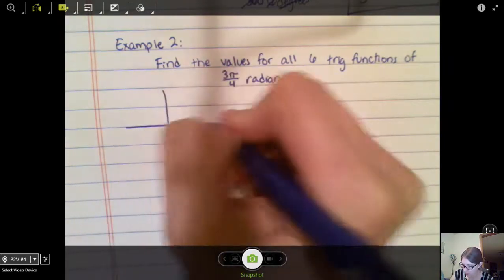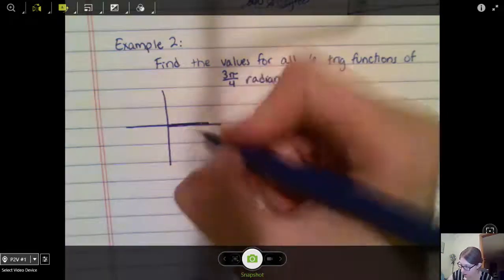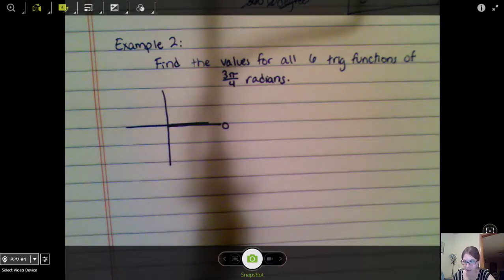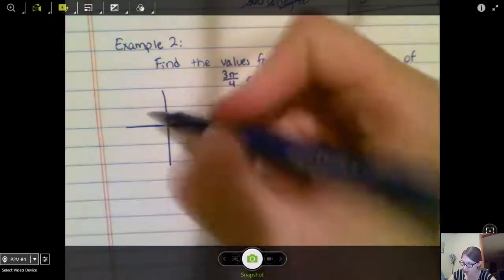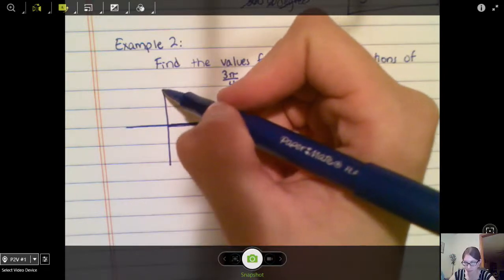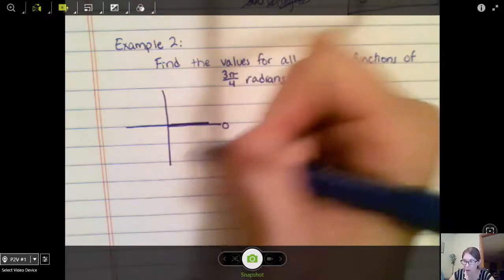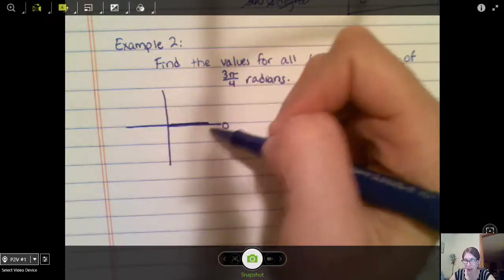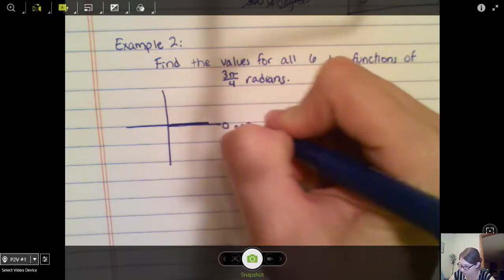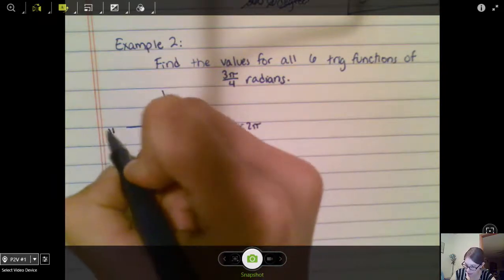So here's my coordinate plane. We're going to start here. And just like before, this angle measure is 0. 0 degrees, 0 radians, 0 everything. Now up here, we used to think of this as 90 degrees. How many radians is that? Well, let's come back to it. All the way around our circle is 2 pi radians, which means halfway around our circle is pi radians.